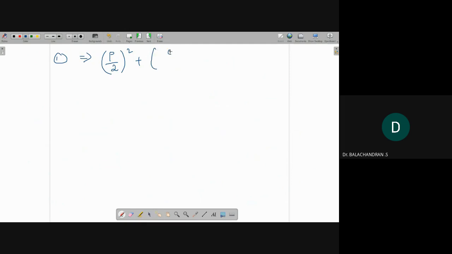Or you can rewrite this as p square plus q square is equal to 4.